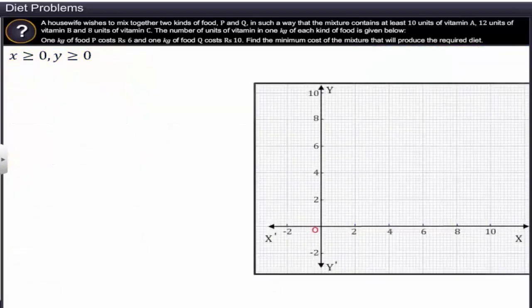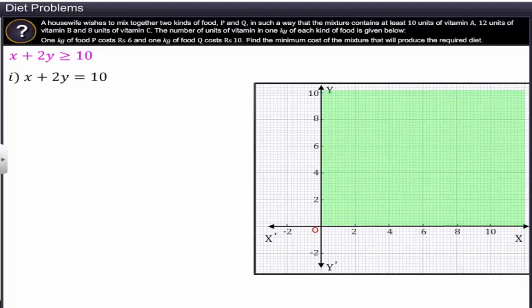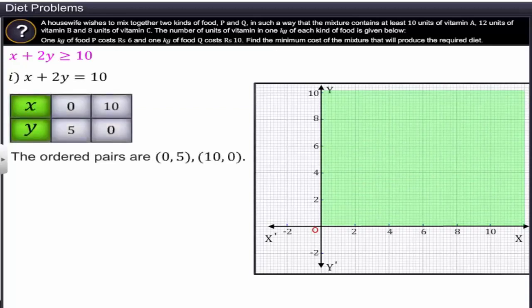Let us draw the graphs of the inequalities, treating them as equalities. Obviously, X greater than or equal to 0 and Y greater than or equal to 0 have the solution in the first quadrant. Draw the graph of X plus 2Y is equal to 10 as the reference to find the solution of the inequality.